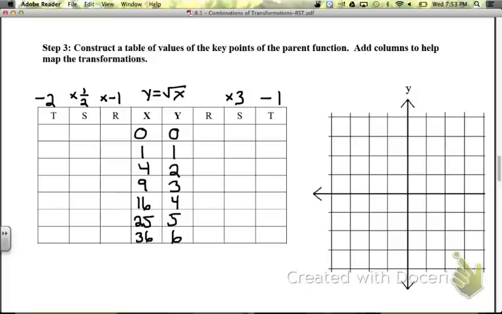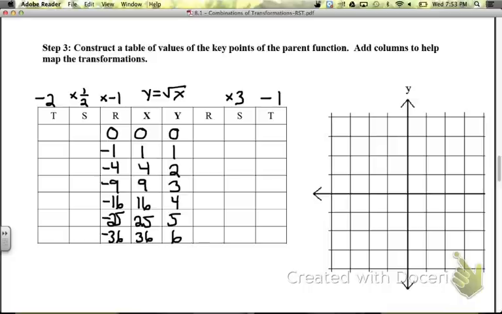So let's first deal with our x's. We're first going to deal with the reflection, so each value is going to turn negative. So 0, -1, -4, -9, -16, -25, and -36.